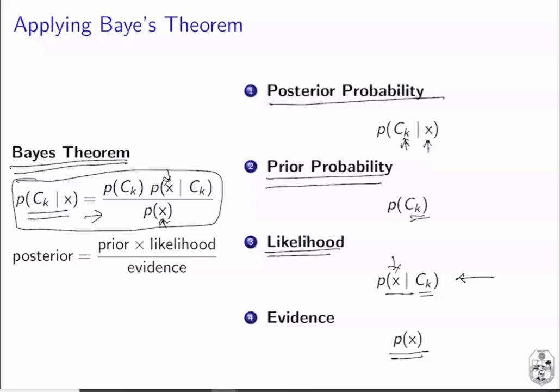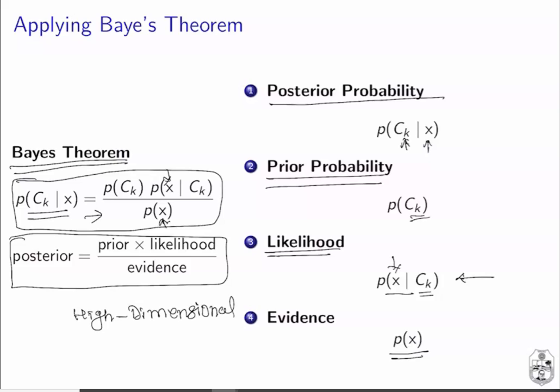By using this terminology, the Bayes theorem can be put in simple English terms: posterior probability is equal to the prior probability multiplied by the likelihood, divided by the evidence. So this is the Bayes theorem, and it is typically used when the input data set is very high dimensional, meaning the number of features is very large, and sometimes it is also used when the data set is small.